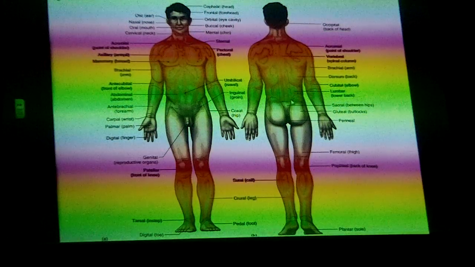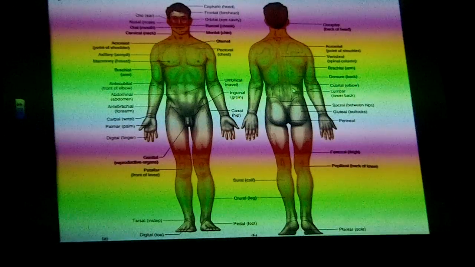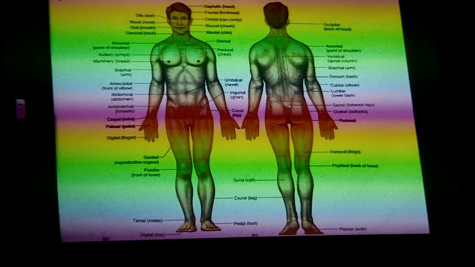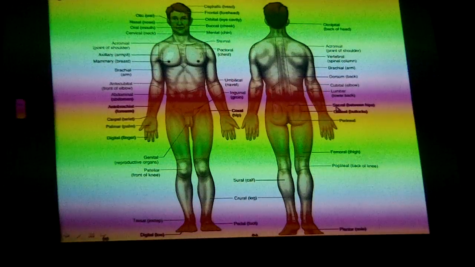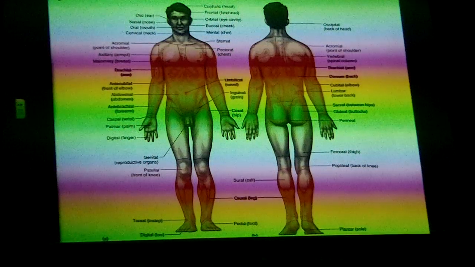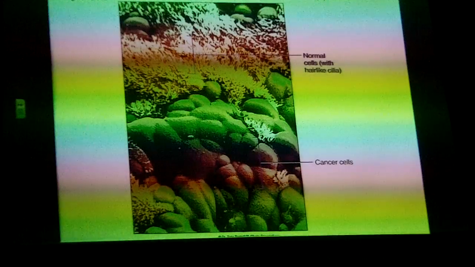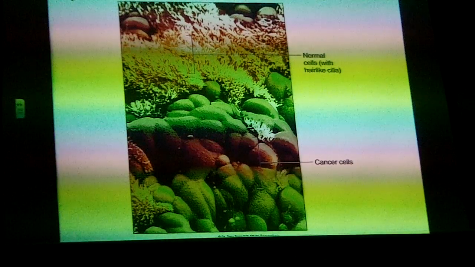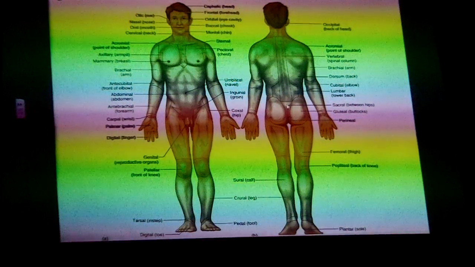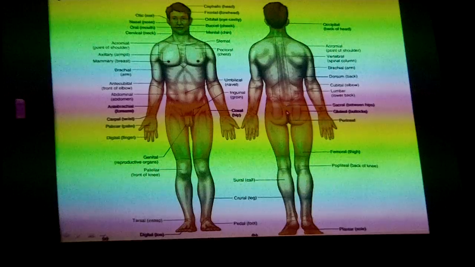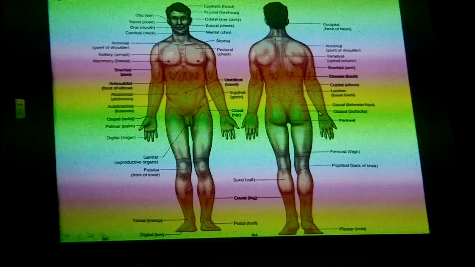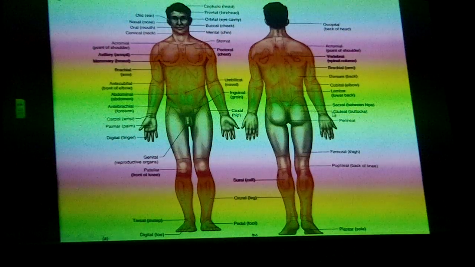The lumbar is the lower back. The sacral, or sacral, not actually sure which one it is. What's it say in our book? It says sacral. Sacral is kind of up here, up above the crack of your butt.